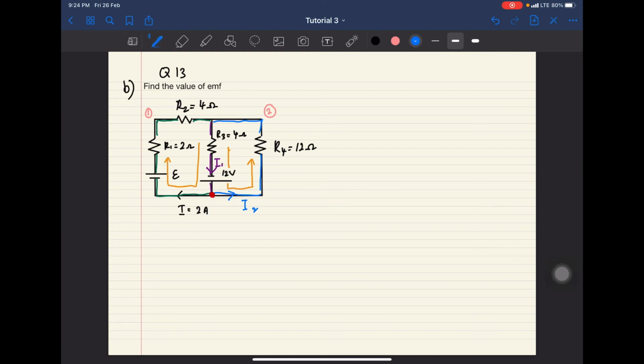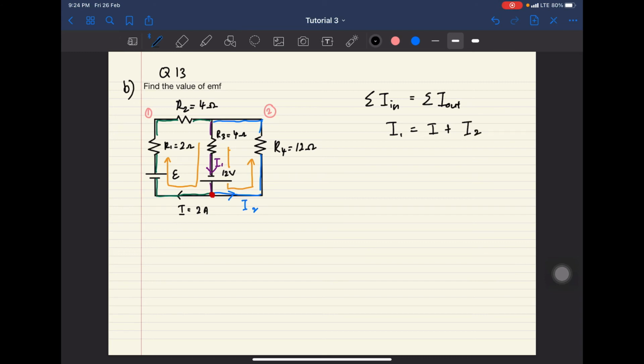Now you can solve. So how are you going to solve this one? You can apply junction rule first. Summation of I in equals to summation of I out. So I choose the red dot there as my junction. So the current going in will be I1, current going out will be I plus dengan I2.